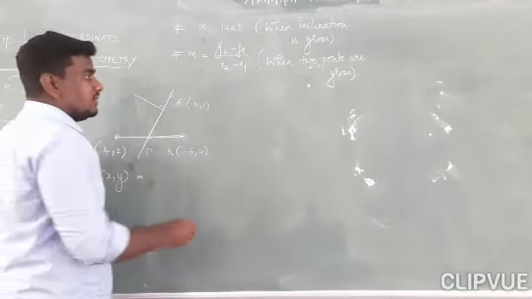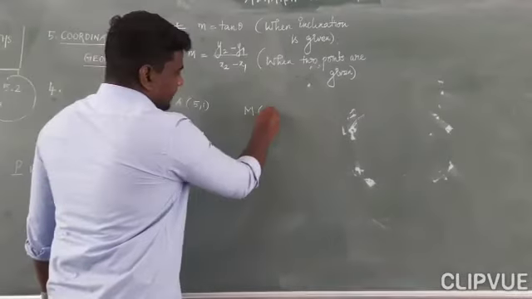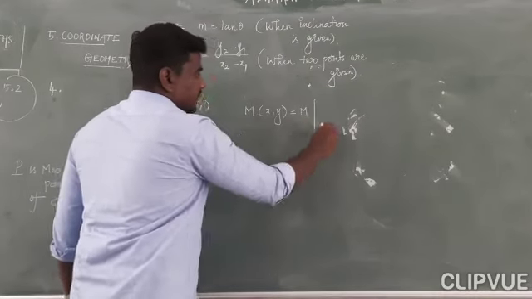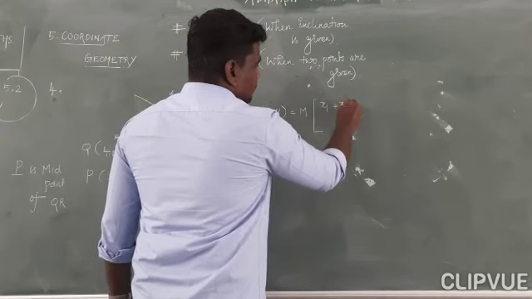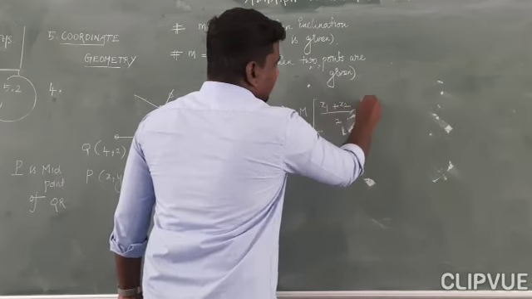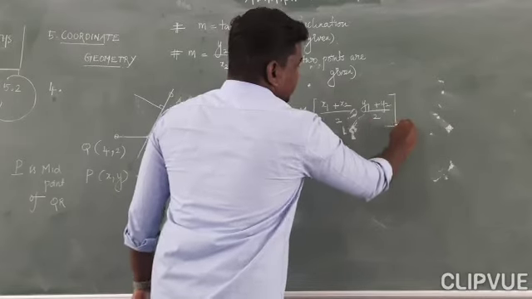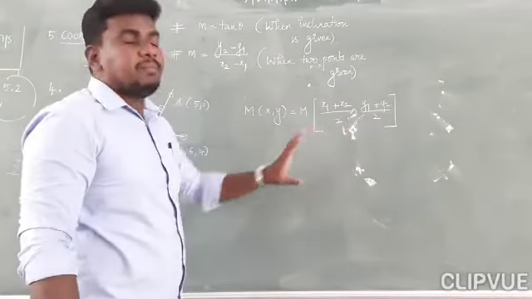You must know the midpoint formula: M of x comma y is equal to M of (x1 plus x2) by 2 comma (y1 plus y2) by 2. This is the formula to find the midpoint.